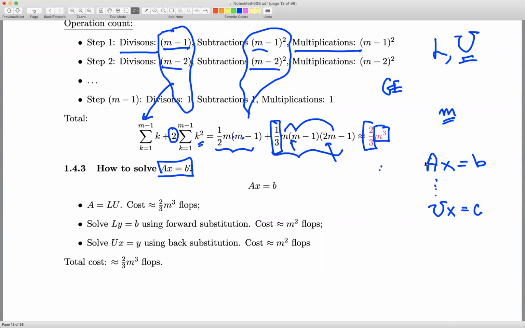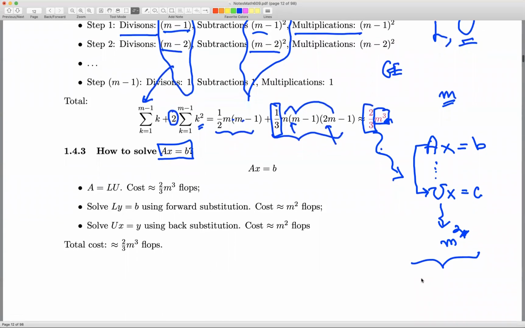To go from here to here costs 2/3 m to the power 3. And then to go from here to solve for x, this is m squared, and therefore the total cost of solving a system using Gauss elimination, since here this power is 3 and this power is 2, and we take the biggest power, is approximately 2/3 m to the power 3.